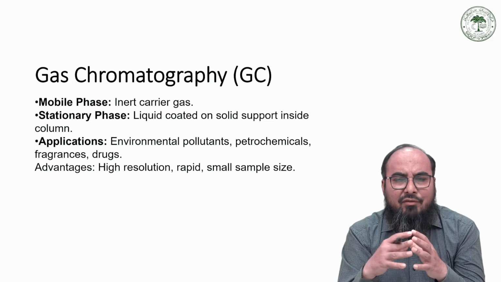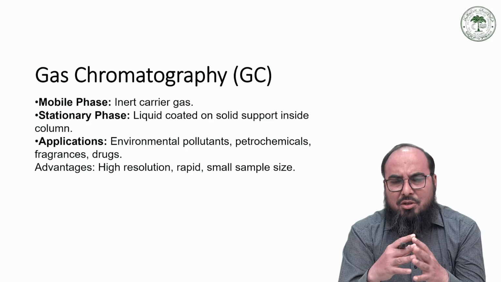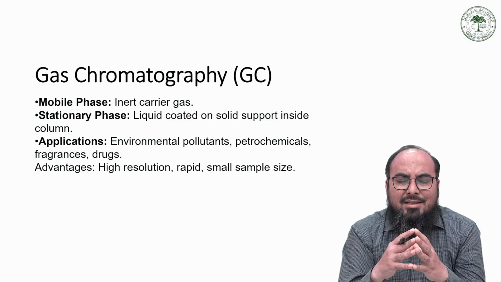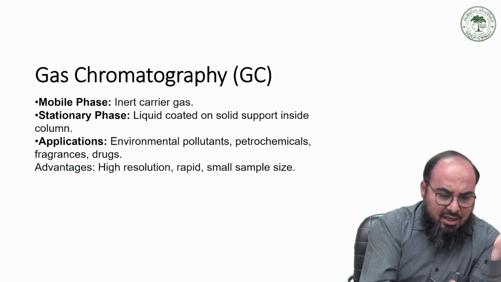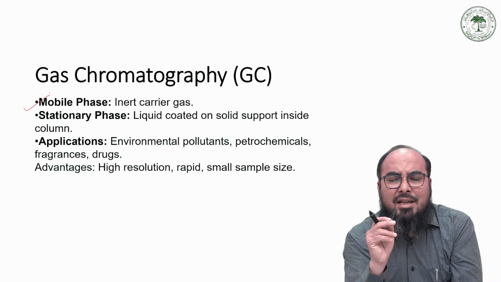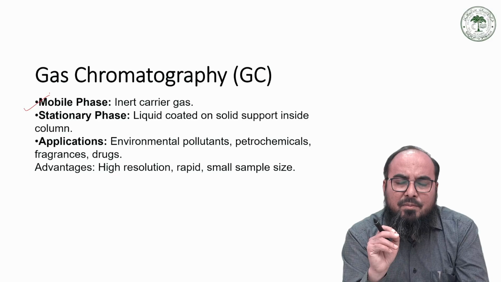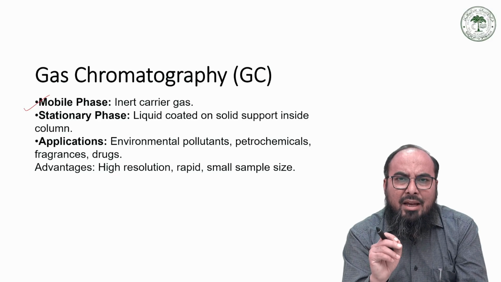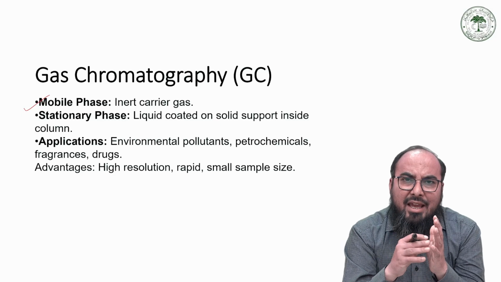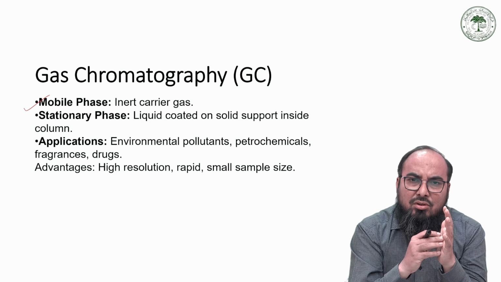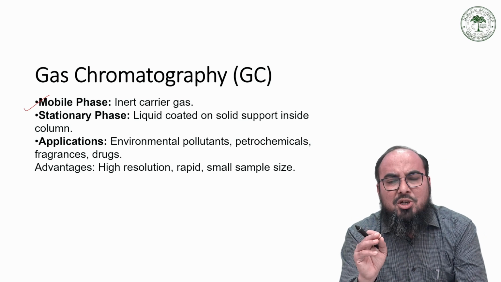Now, gas chromatography is one of the versatile techniques of separation. This technique has made a breakthrough in separation science. Here, the mobile phase is always an inert gas, and its main objective is to take your sample to the column where actual separation occurs.